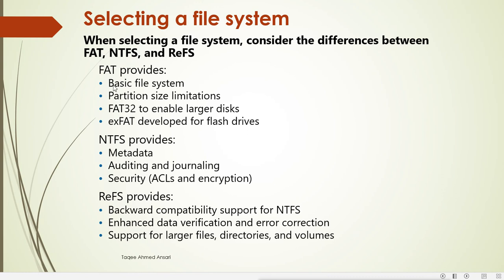First, FAT is a basic file system. It has partition size limitations. FAT32 enables larger disks, and in Windows we have exFAT, which was developed for flash drives. So in Windows we can also use exFAT for partitions.